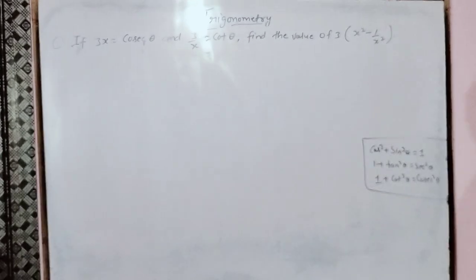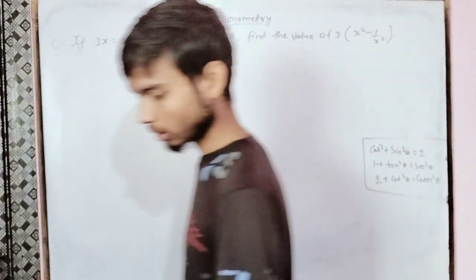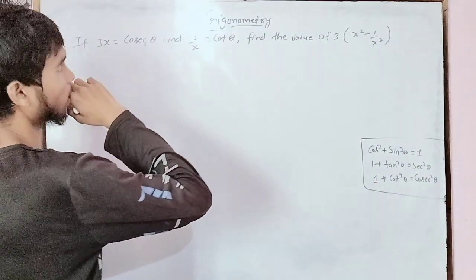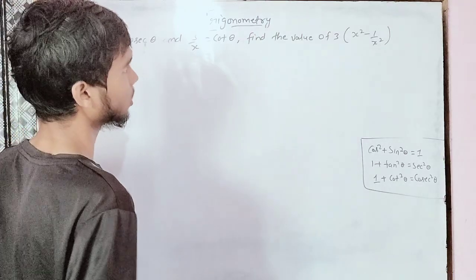So this is slightly different from the previous question, and in this question this formula will be applied. So here this question: if cosec theta is 3x and cot theta is 3 upon x, then find the value of this.